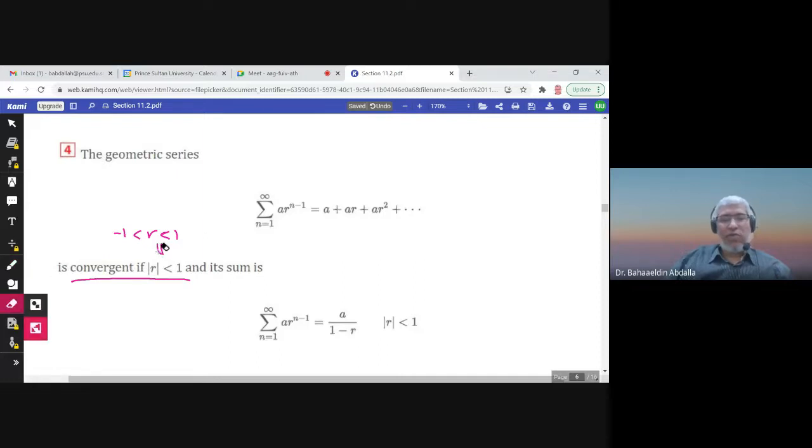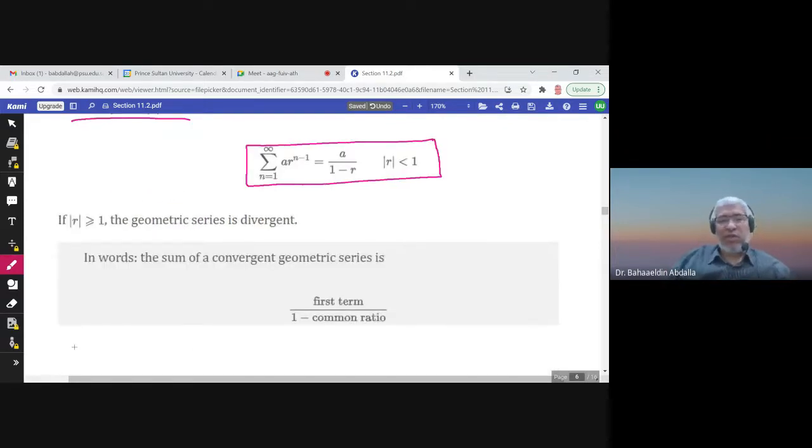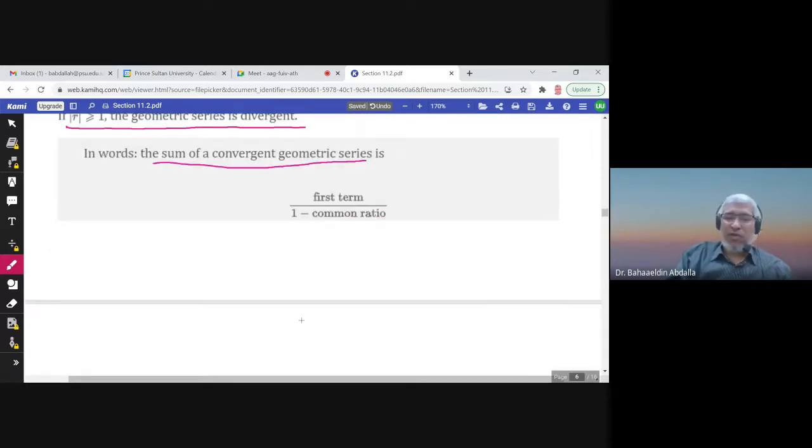So if the absolute value of r is less than 1, the geometric series would be convergent, and it converges to a over 1 minus r. So this is the sum of the geometric series if the absolute value of r is less than 1. Otherwise, if the absolute value of r is not less than 1, then the geometric series is divergent. So the sum of a convergent geometric series is the first term over 1 minus the common ratio.